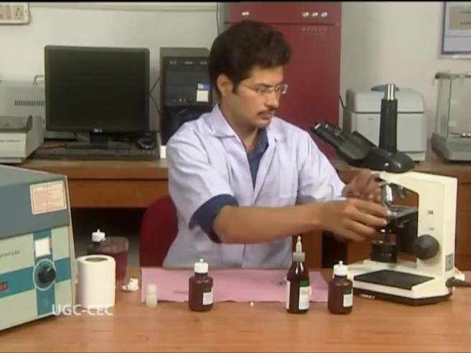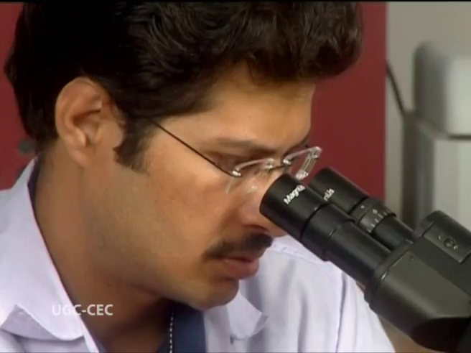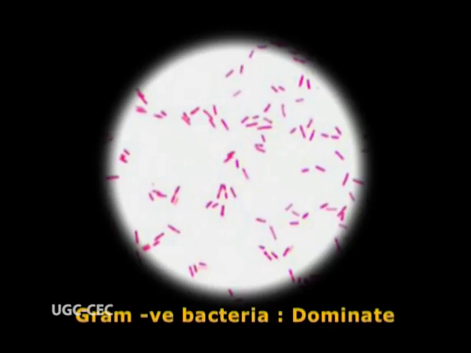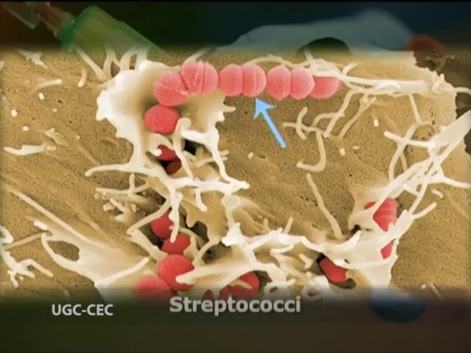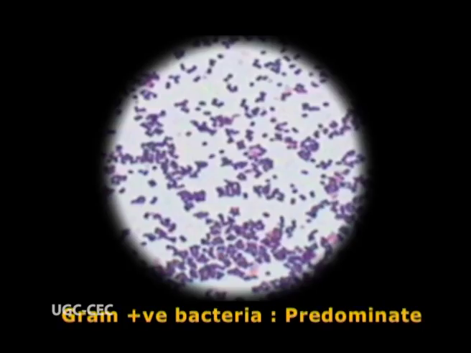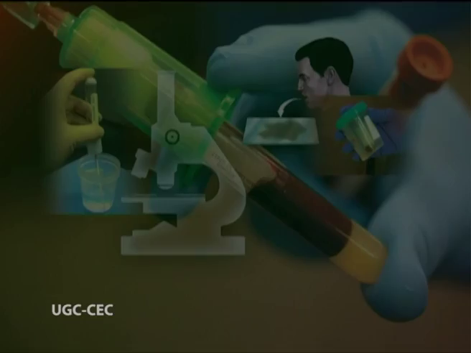Observe the gram-negative and gram-positive bacteria. Under normal condition, gram-negative bacteria are dominant. In the rumen, the large streptococci are predominantly present. Under acidosis condition, gram-positive bacteria are predominantly present.